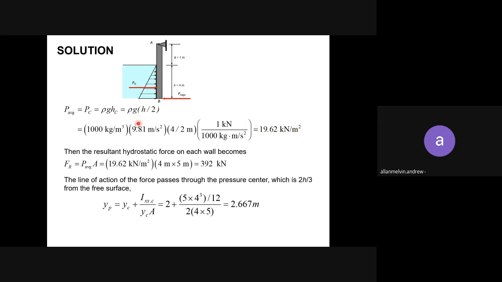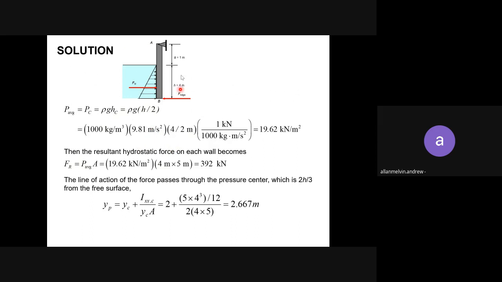So that is your average pressure. Okay, so you already found this. Then you replace this in the formula for FR. So FR equals P average times area. Okay, so average pressure is 19.62 times the area.